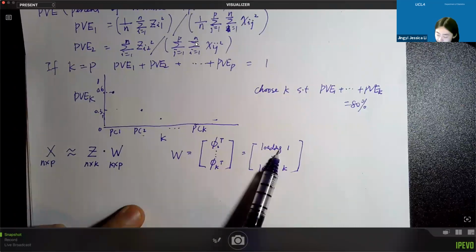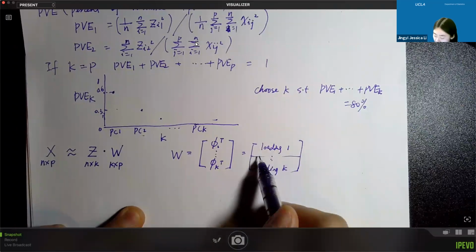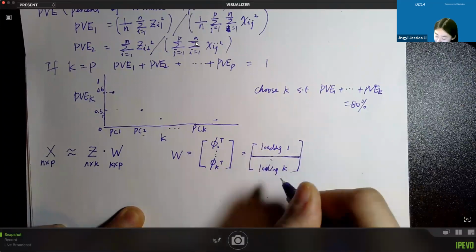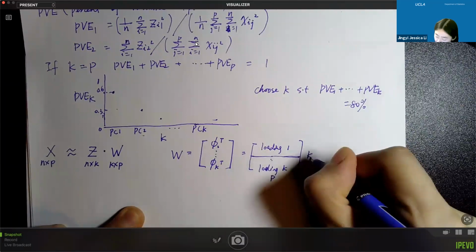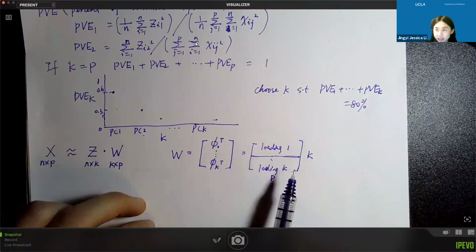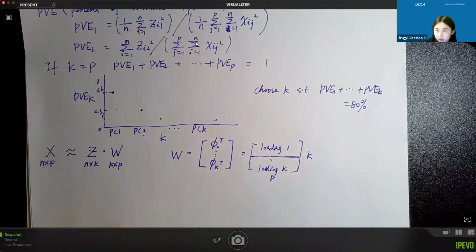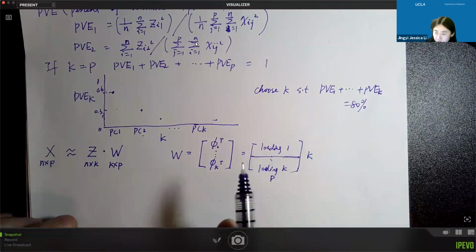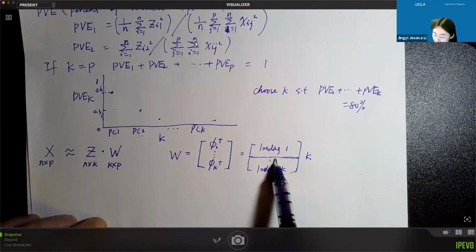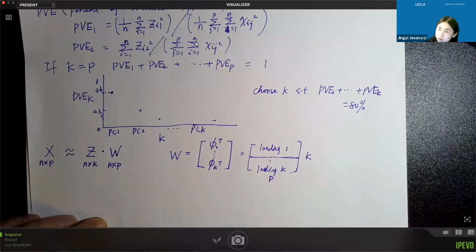So how do we interpret this? Each loading vector is the contribution of the original P dimensions to each new dimension. Let me use a concrete example, genes. If some of your genes are highly correlated, then they will make large contributions to one dimension in the loading matrix.